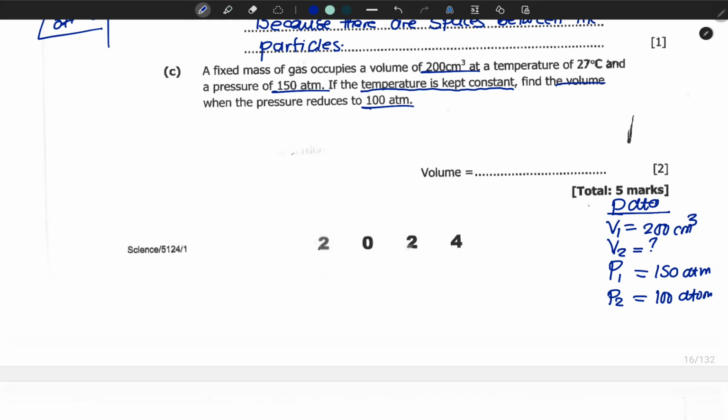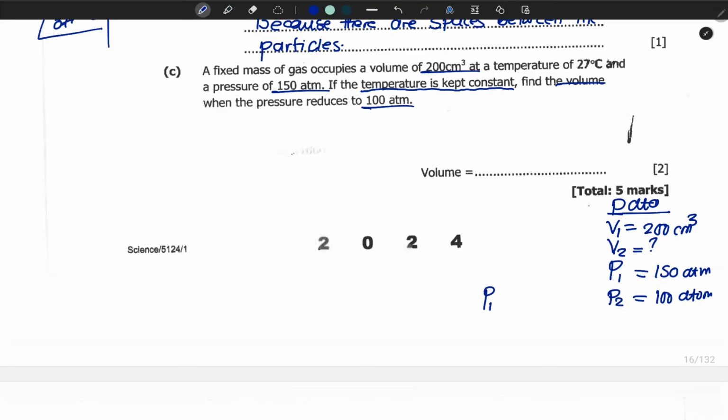So if we are to look at this one, if you decrease the pressure from 150 to 100, will the volume increase or decrease? So you need also to look at the relationship between volume and pressure when the temperature is kept what? Constant. So now, what I need for you guys to remember is this formula.